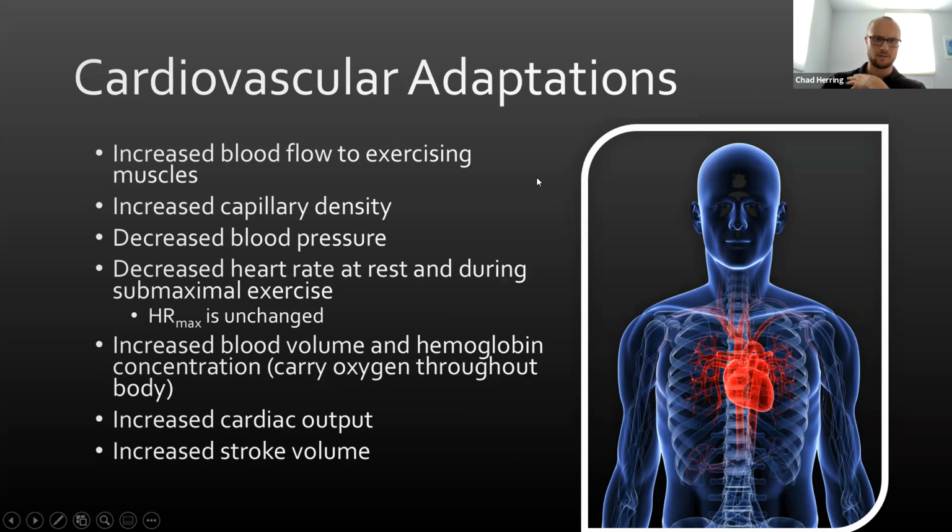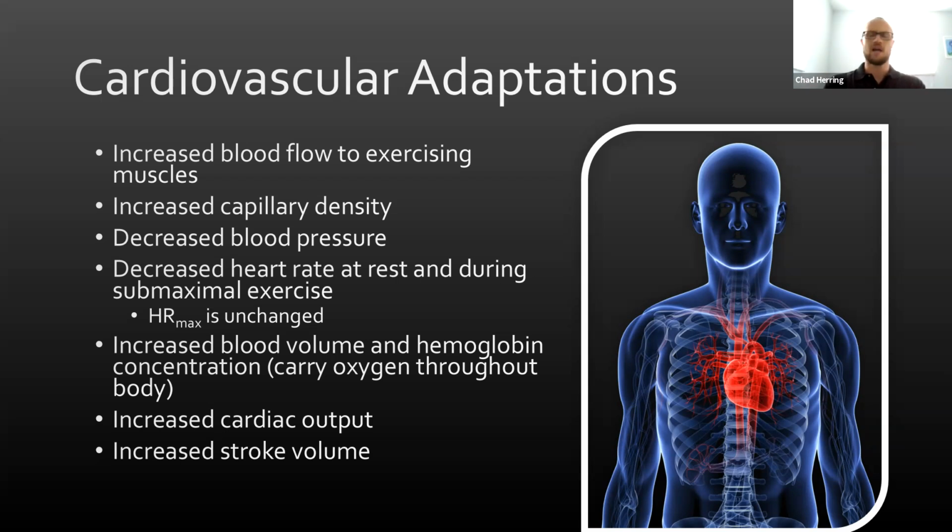I think we've covered these. Oh, I do want to note with this slide before I move on. Basically we're talking about acute changes versus adaptation.